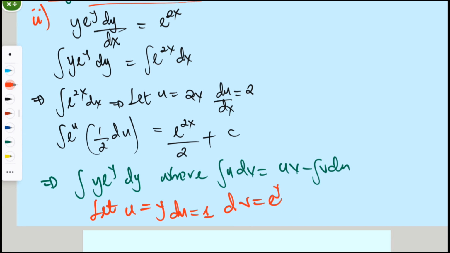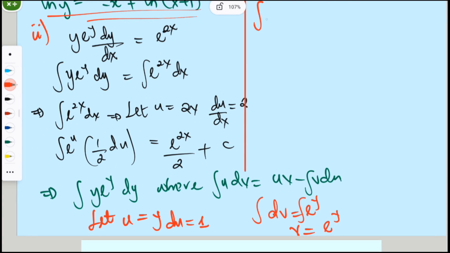and then dv is e to the power y. If I integrate on both sides, I will get v equal to e to the power y. It's just going to stay the same. So then the integral of y e to the power y dy should be y e to the power y minus the integral of v, which is e to the power y, du.